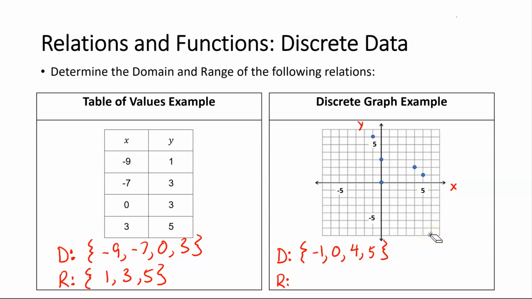Now when we list the range, we go in numerical order, least to greatest, so we're looking from down to up. Going from down and looking up, our first y value comes from this point, and that's a y value of 0. Down to up, our second point is this one, and that has a y value of 1.